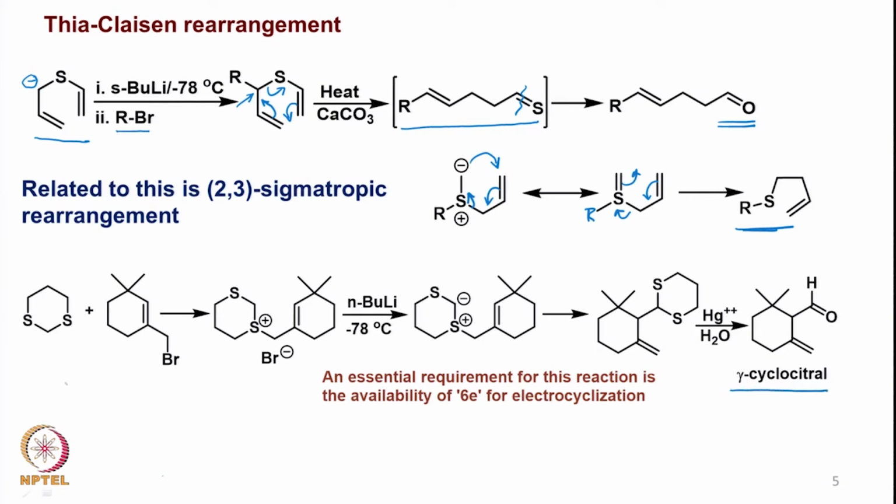Here, if we start with a 1,3-dithiane, which is basically a protected formaldehyde, if we take formaldehyde and protect it with a dithiol, so if we can take something of this type, then we can react them together to form this intermediate.